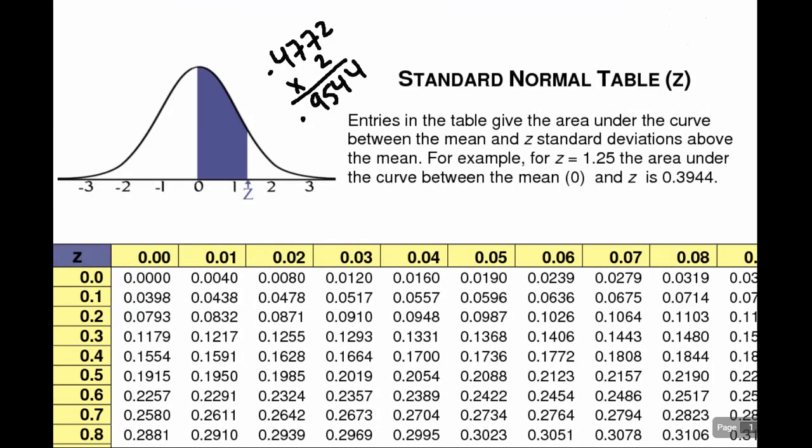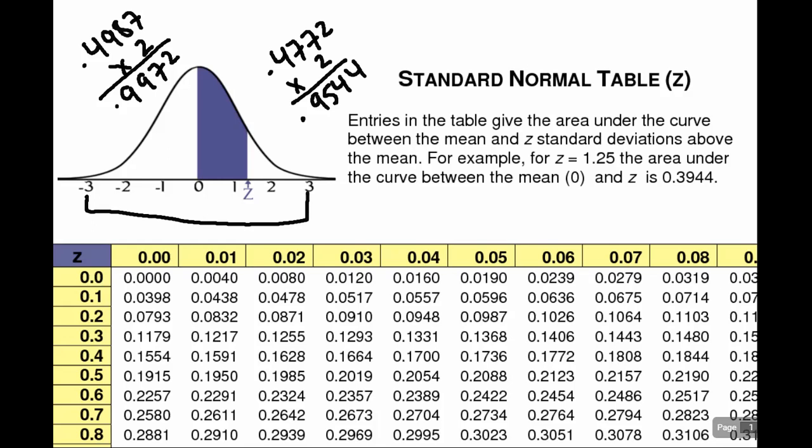So if I take 0.4987, which is going from here to 3, and then I double that, I end up with 0.9972, which is about 99%. And again, since I doubled it, it's from here to here. And that's how I would use this table.